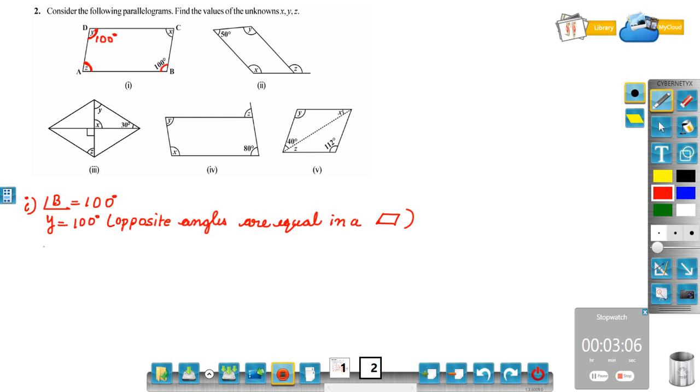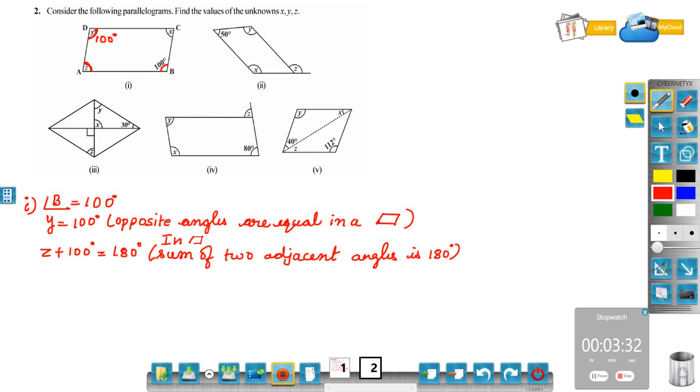Now Z plus 100 degree is equal to 180 degree, because in a parallelogram, sum of two adjacent angles is 180 degree.